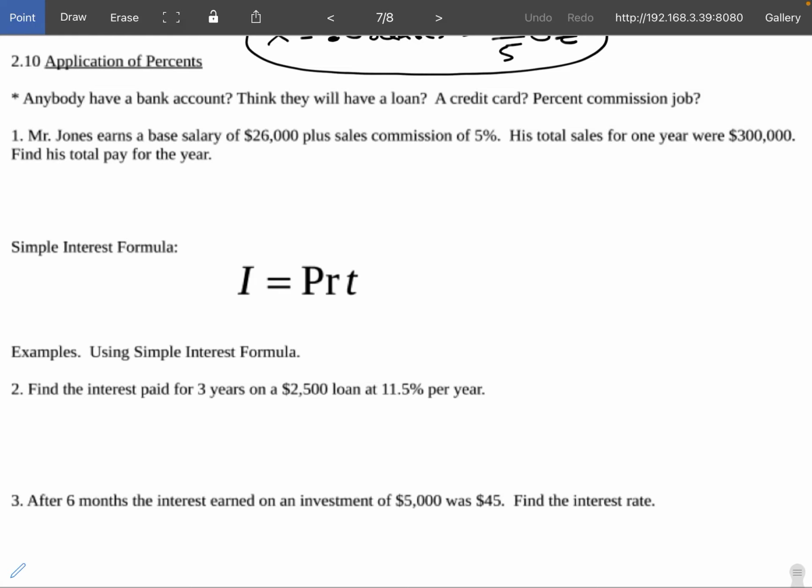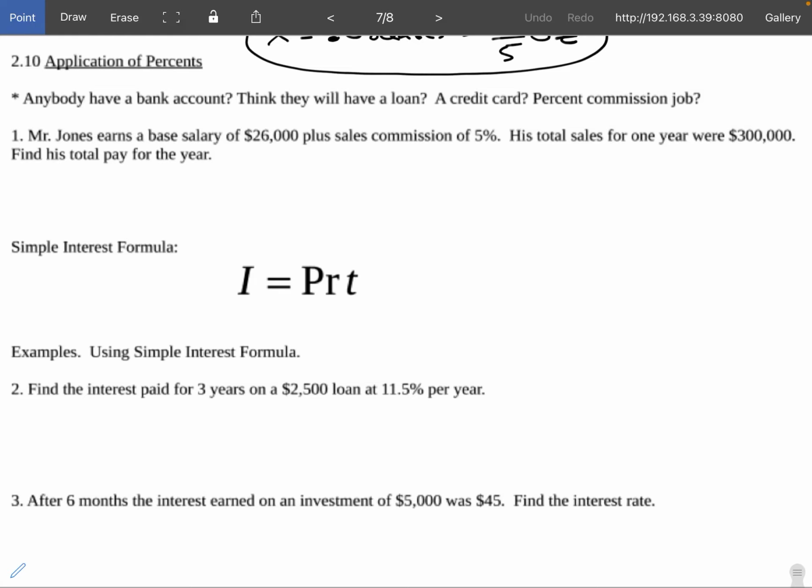All right, so the first problem. First of all, this is all about banking and investing, earning sales on a commission, sales tax, tipping at a restaurant, all those kinds of percentages. So this first one says Mr. Jones earns $26,000 up front, okay?